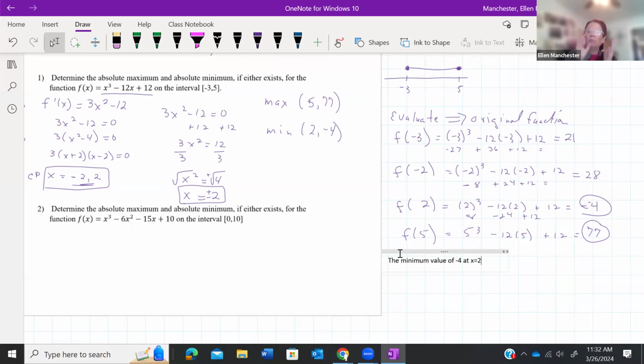So you have to know the minimum and the maximum is always your y value. And then the x value is just always going to be the x value. If it's asked for the maximum value, the maximum value of 77 at x equals 5. Okay, so just really notice how MyMathLab asks the question.